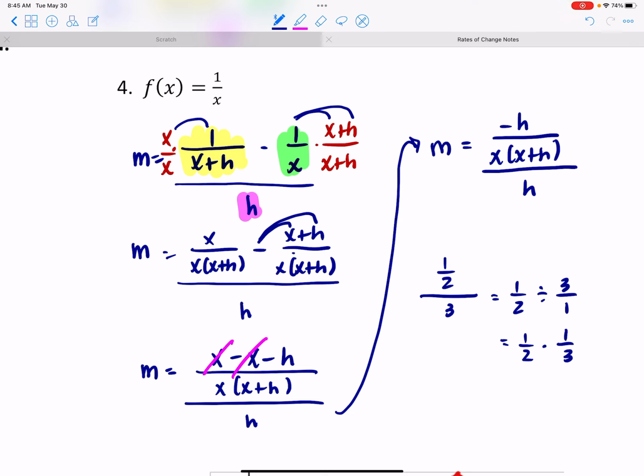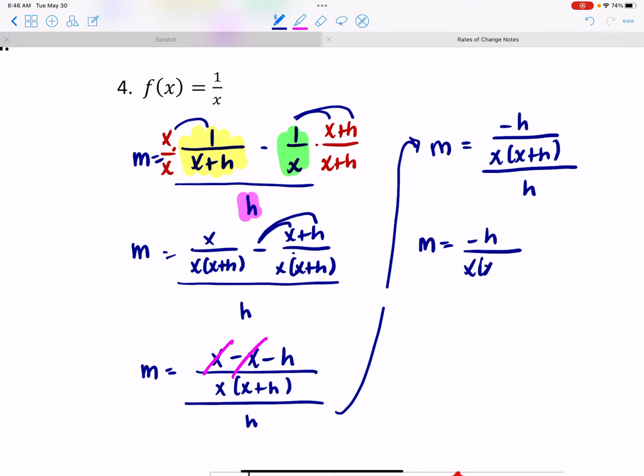Maybe something like keep, change, flip sounds familiar to you. So that's the concept that's happening here. I have a fraction in my numerator that I want to divide by h over 1. So let me rewrite this for you. Okay, we're saying negative h over x times x plus h is being divided by h, which is h over 1.